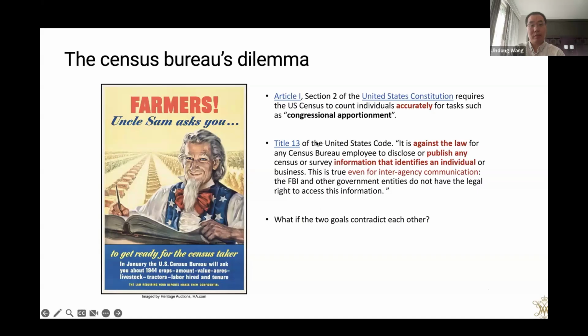But it turns out that Title 13 of the U.S. Code says it is against the law for any Census Bureau employee to disclose or publish any census or survey information that identifies an individual. So you see these two goals actually contradict each other. This is very interesting. What should you do in this circumstance? Just to let you know, this exists. I don't know if they have fixed these two parts, but now you see some inconsistency here.